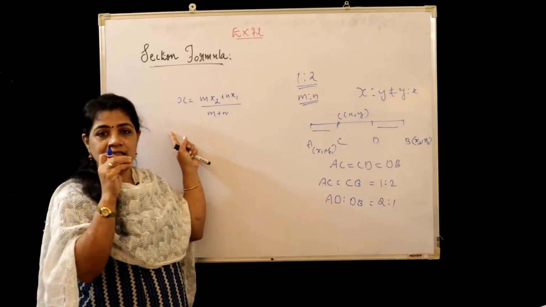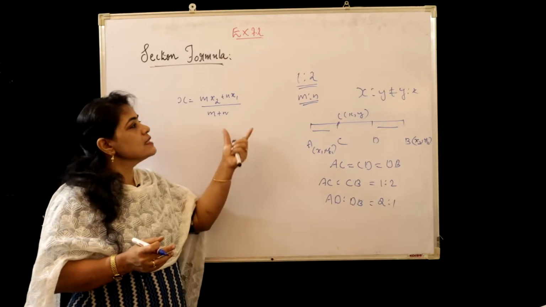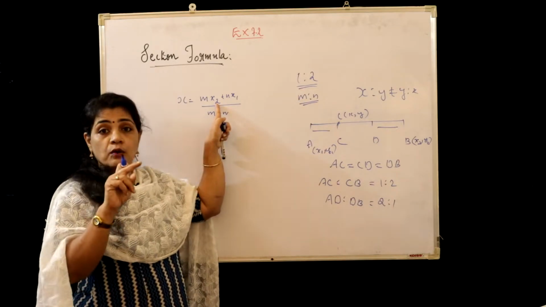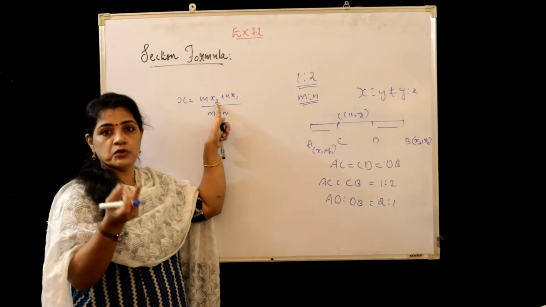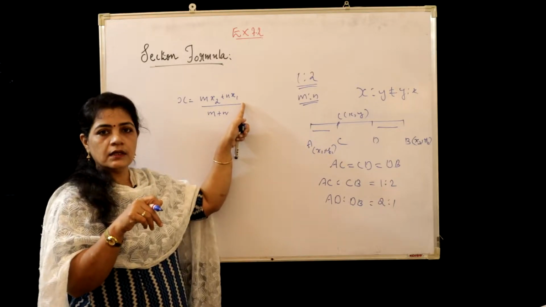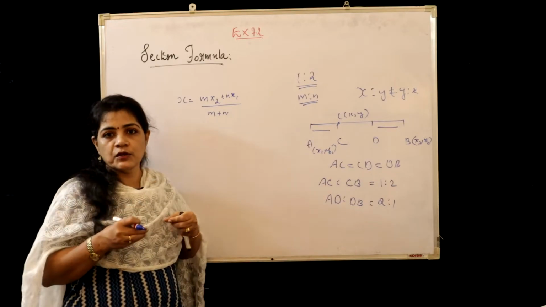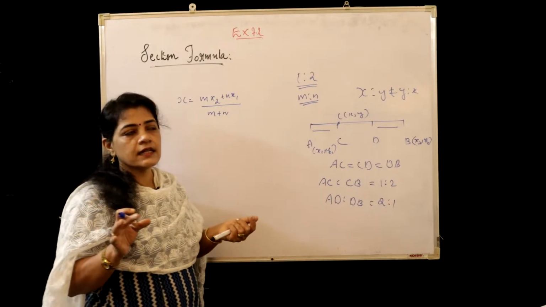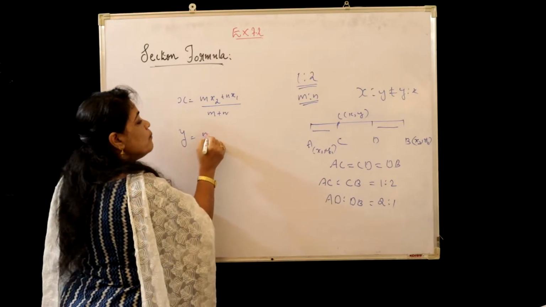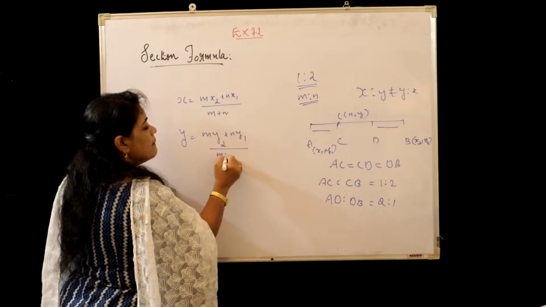To get that x coordinate, m, the first ratio term, is multiplied by x2, the x coordinate of the second point, plus n, the second ratio term, into x1, the x coordinate of A, the first point, divided by the sum of the ratio, m plus n. Is it clear, children? And to get y, y is equal to my2 plus ny1 divided by m plus n.